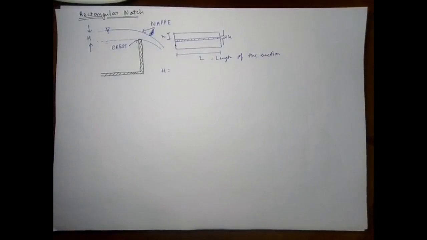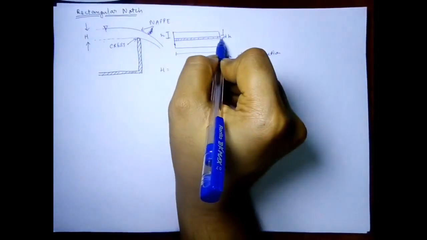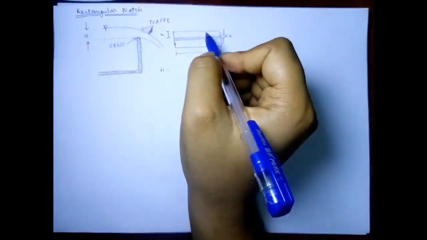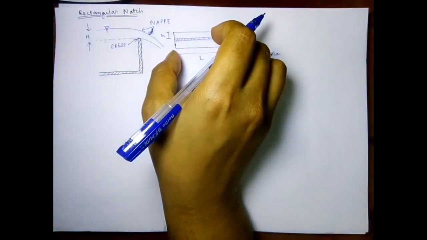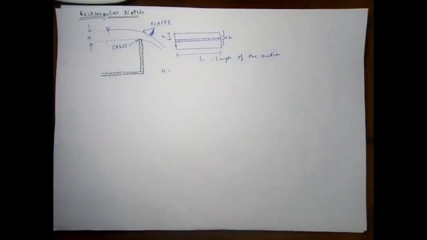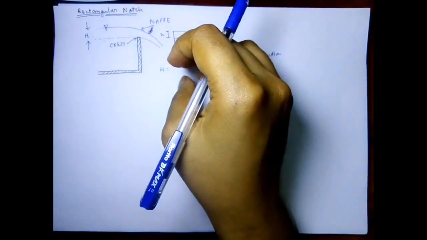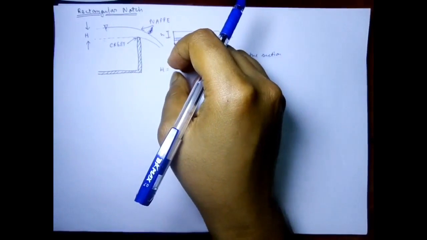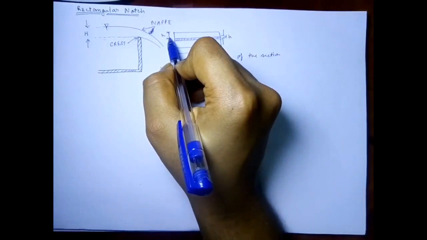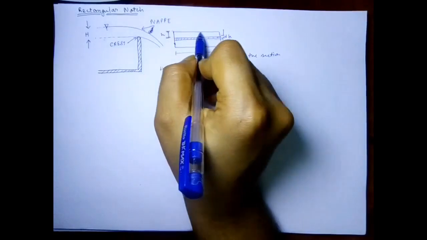Let us consider that there is one elementary section or a horizontal strip of thickness dh, and it is of the same length as that of the section. dh is the thickness of the elementary horizontal strip of water flowing over the rectangular notch or weir, and it is at a depth h from the top surface of the water.